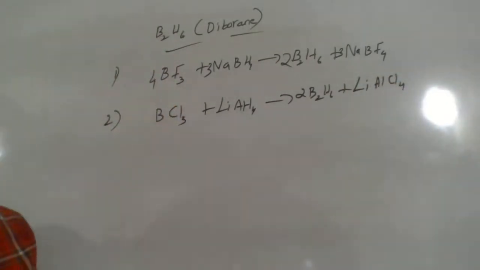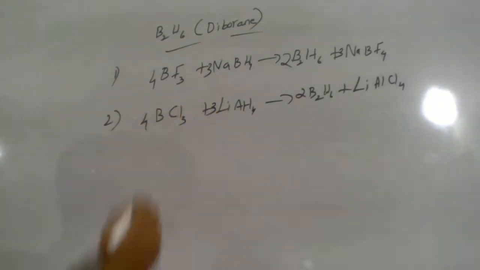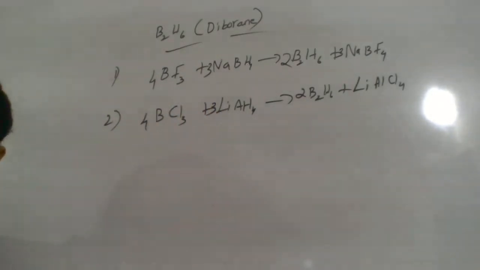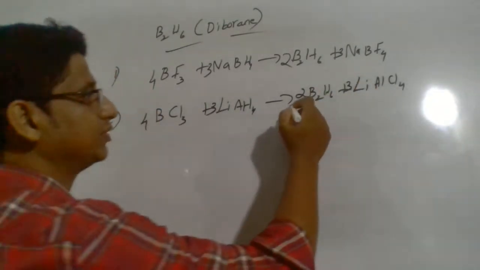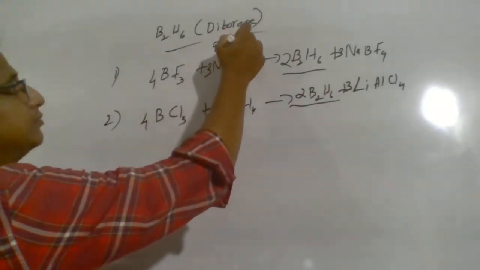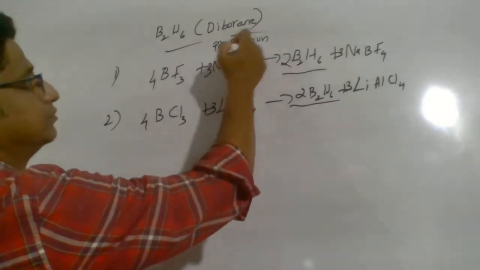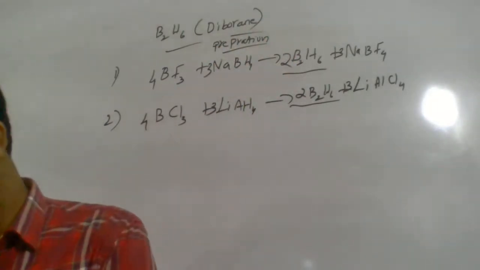If you balance it, it will be 4 moles of boron trichloride reacting with 3 moles of lithium aluminum hydride to get 2 moles of diborane and 3 moles of lithium aluminum chloride. So those are the two methods that I discussed.